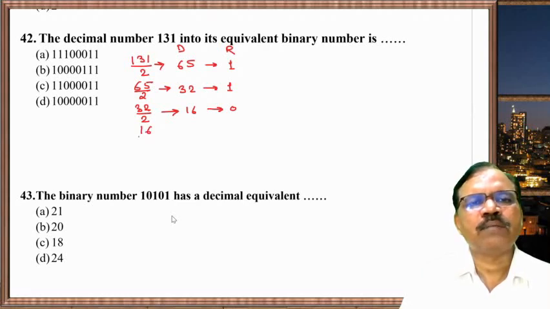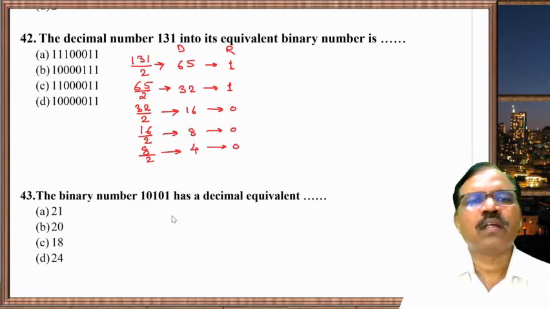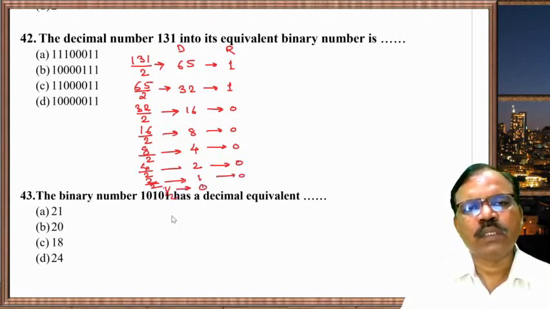Then 16 by 2, division 8, remainder is 0. Then 8 by 2, 4, remainder is 0. 4 by 2, 2, 0. Then 2 by 2, 1, 0. Then 1 by 2, 0 division, remainder 1.